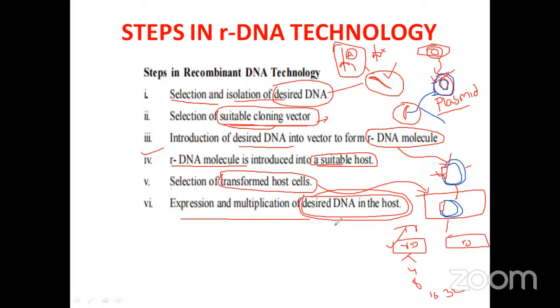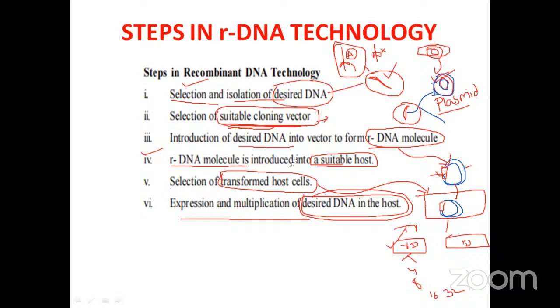So let's see again one by one the steps in rDNA technology. First, selection of the desired gene from the host. Selection of a suitable cloning vector, meaning plasmid. Introduction of the desired DNA into the vector. As a result, formation of the rDNA molecule.